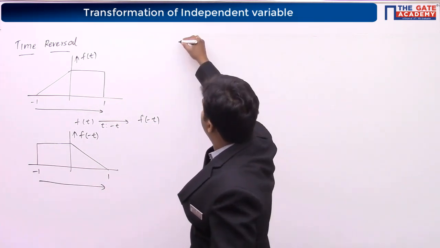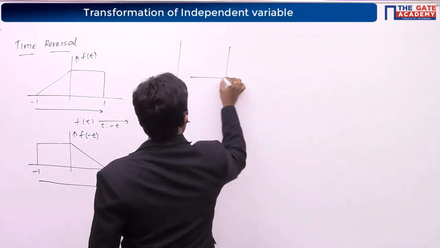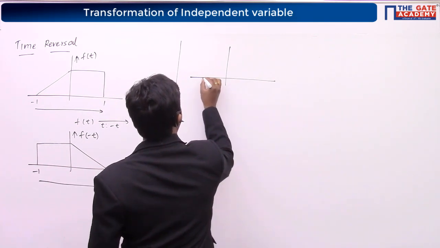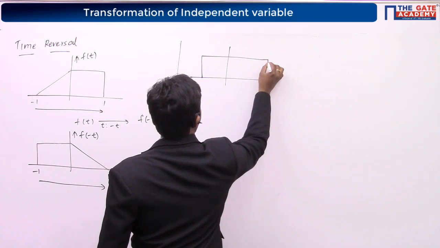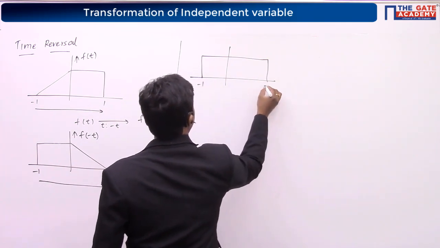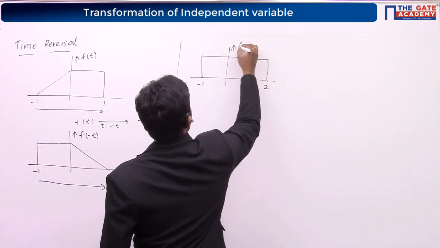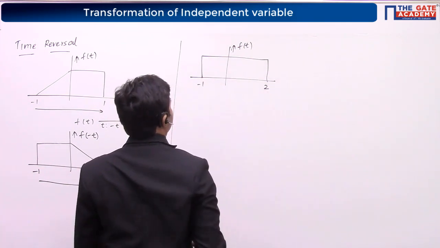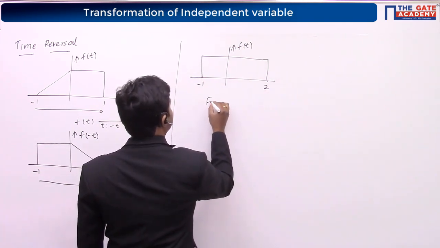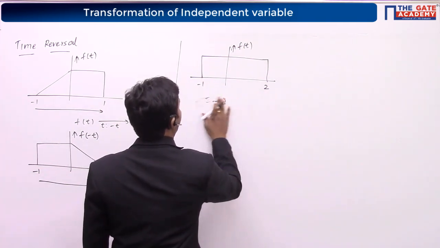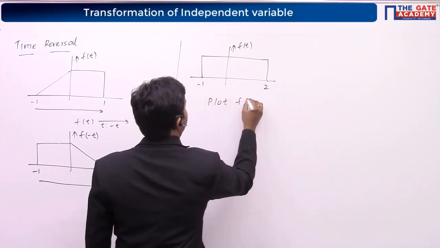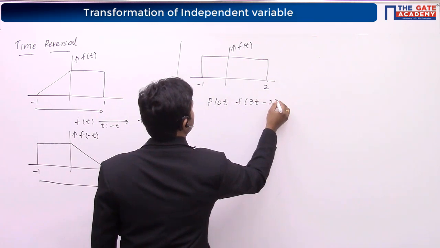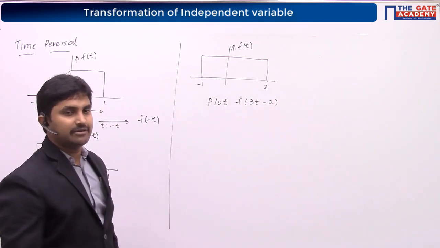Now, for the signal that we have discussed before, from -1 to 2, f of t, we have to plot, let us say, f of 3t minus 2.